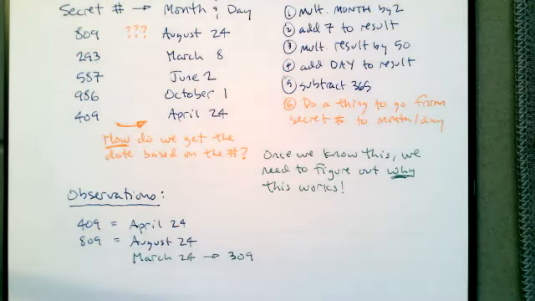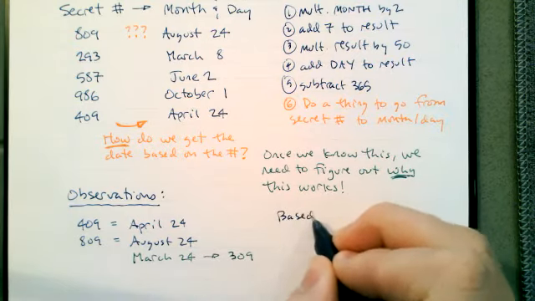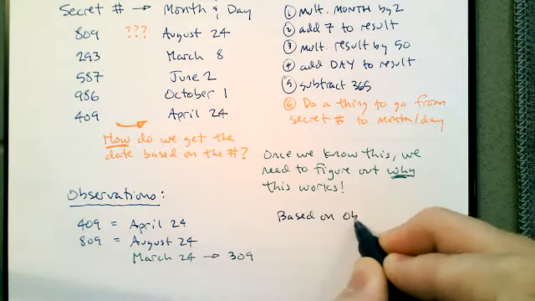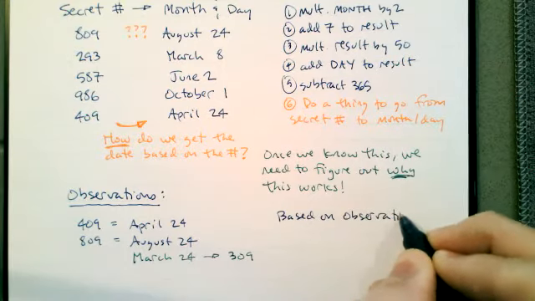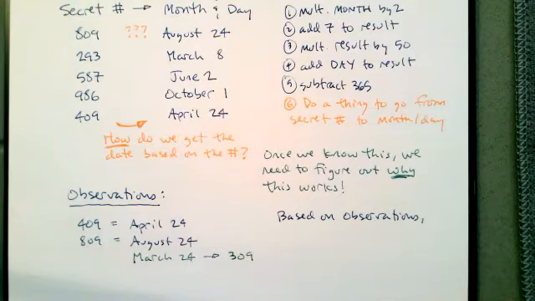We've made some observations. Now let's form a hypothesis. We've only got 3, but pretty strong. So let's make a hypothesis. Based on our observations, we speculate.